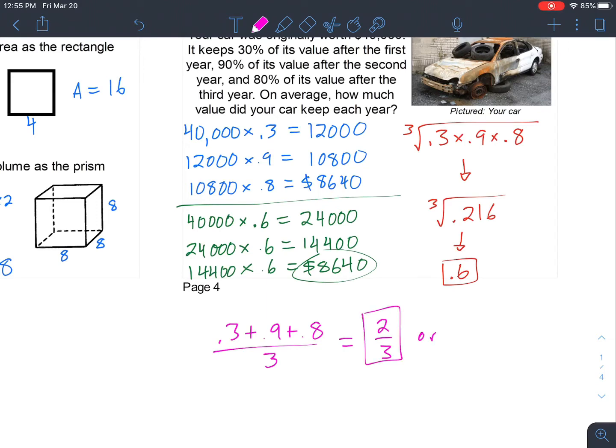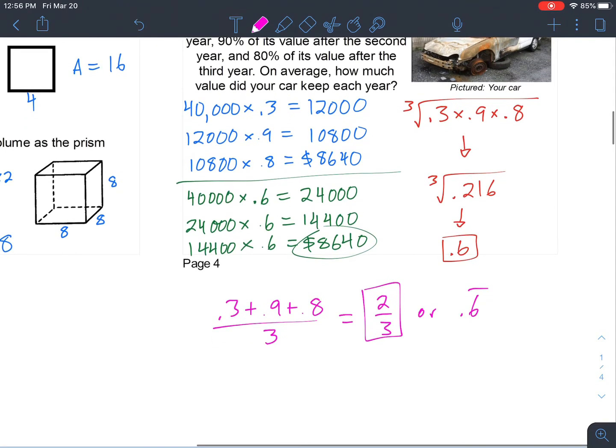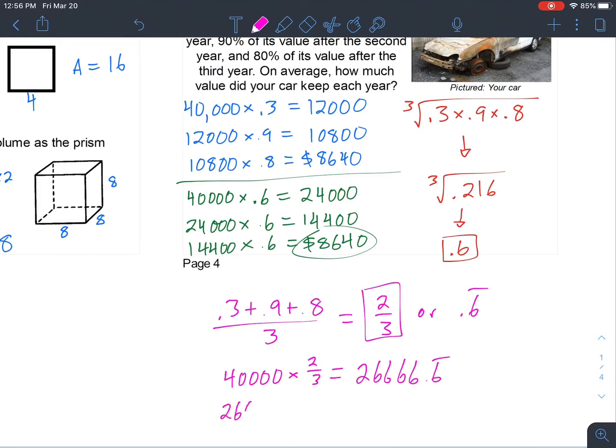or 0.6 repeating. Now I'm going to demonstrate why this is not going to work for us, because if we try doing 40,000 times 2/3, we're going to get 26,666 and then 0.6 repeating. Now we're going to multiply that again.